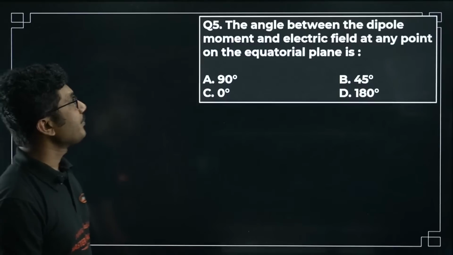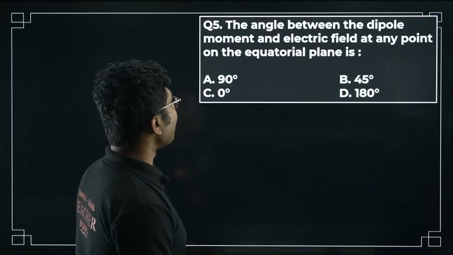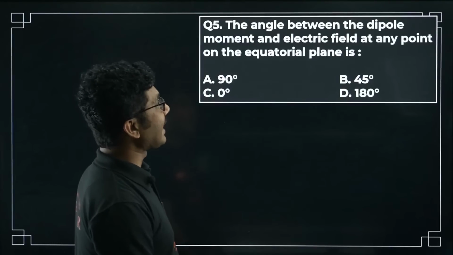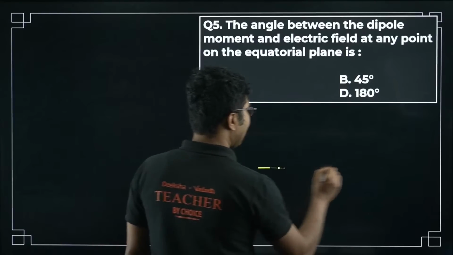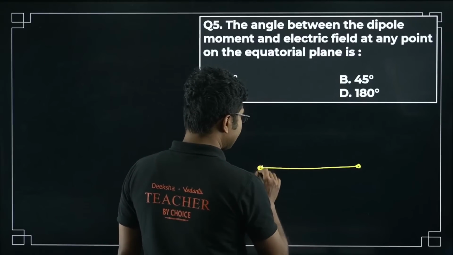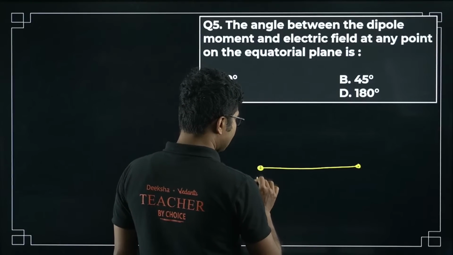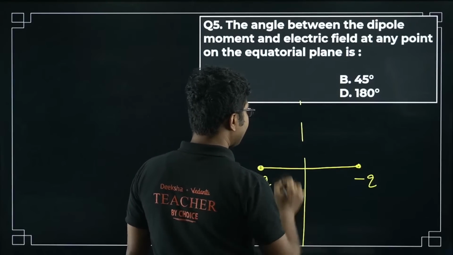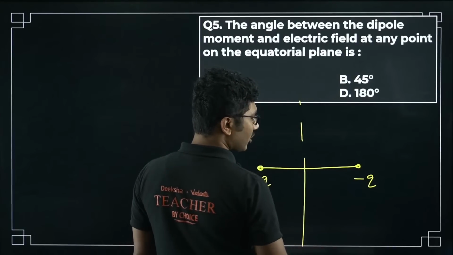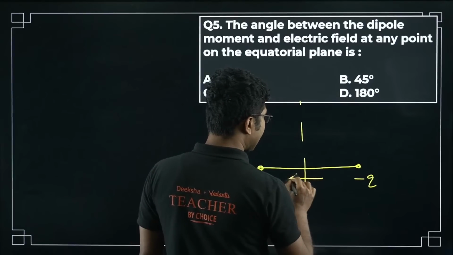Now next question. The angle between the dipole moment and electric field at any point on the equatorial plane is. So this is a dipole, say plus Q, minus Q, equatorial plane. What is the direction of dipole moment? Dipole moment is always from negative to positive.